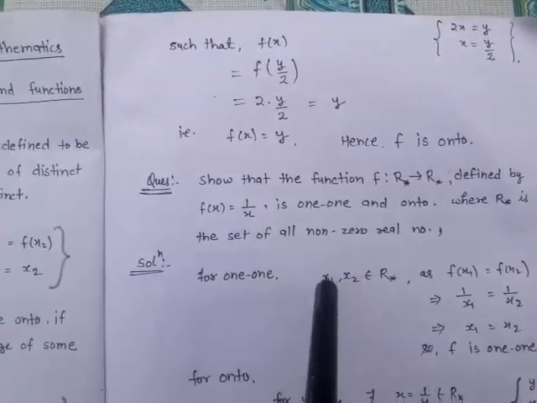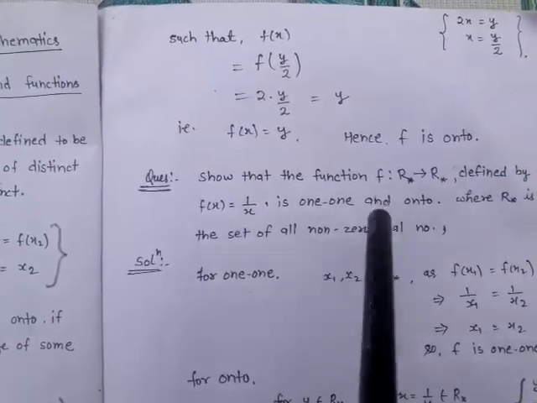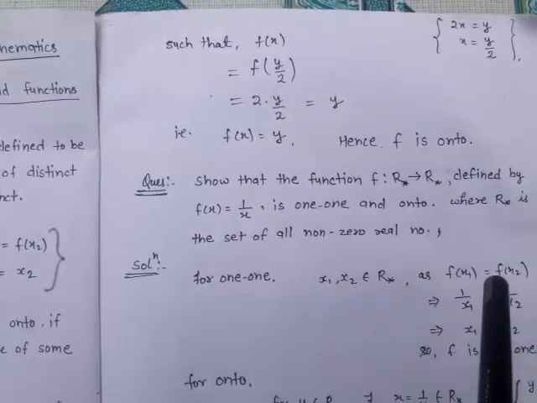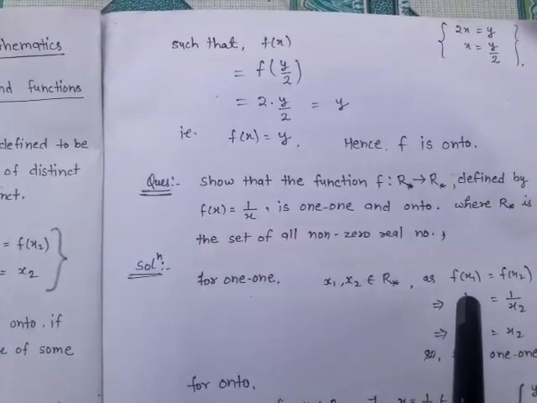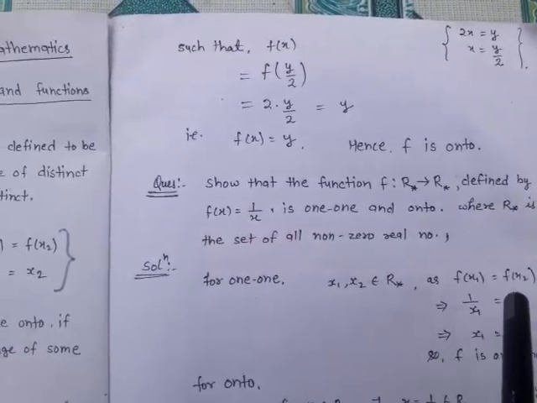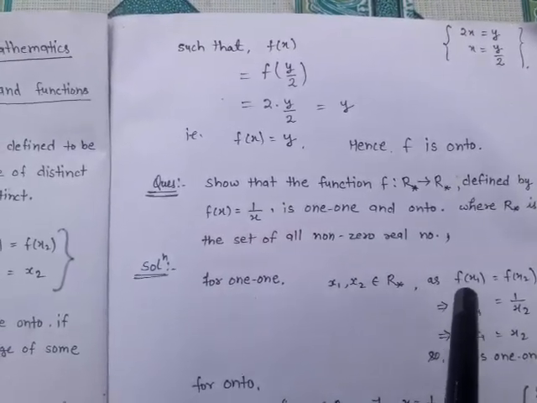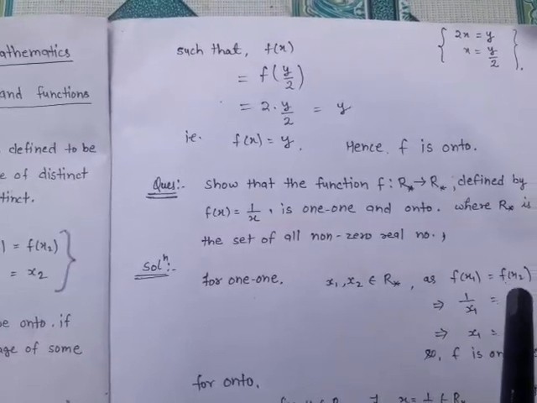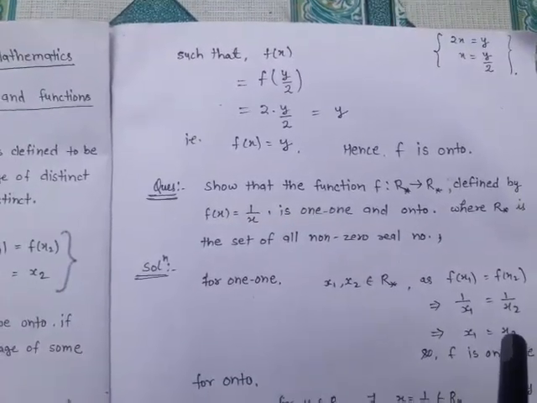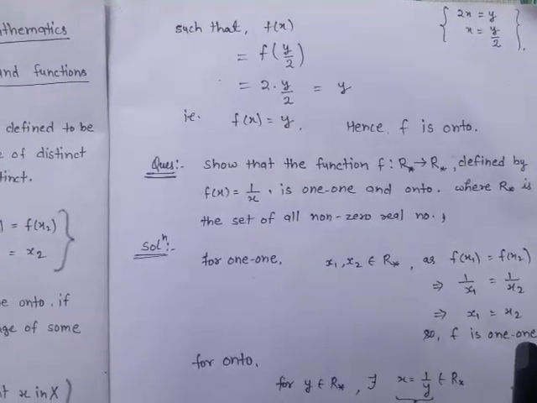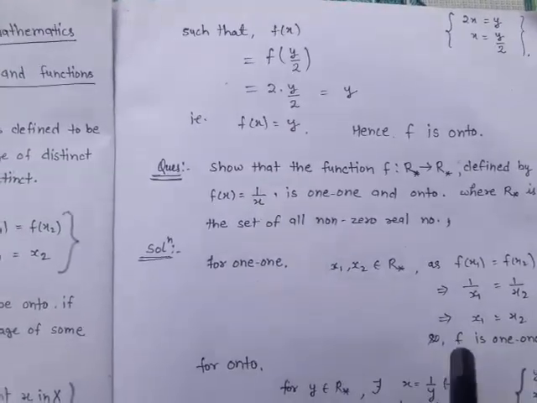Now solving for one-one, we take two elements x1, x2 belongs to this domain such that f(x1) = f(x2). As the function is f(x) = 1/x, we put x1 in place of x and x2 in place of x. We get f(x1) = 1/x1 and f(x2) = 1/x2. Therefore x1 = x2, so f is one-one.